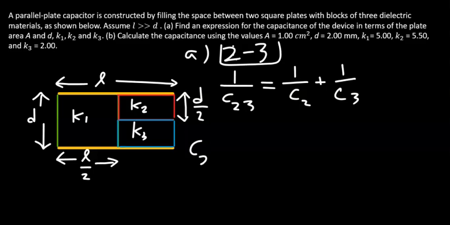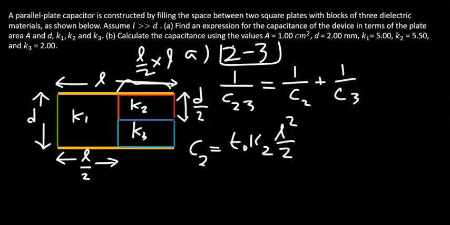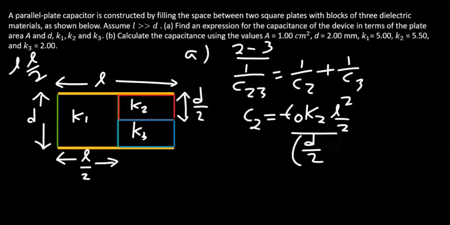We know the capacitance of 2 equals epsilon naught K2, the area of the plate that covers, so that is L over 2, and the other side of that plate is L, so that means it is L squared over 2, and we divide that by the separation distance equivalent for that capacitor, D over 2, right there.